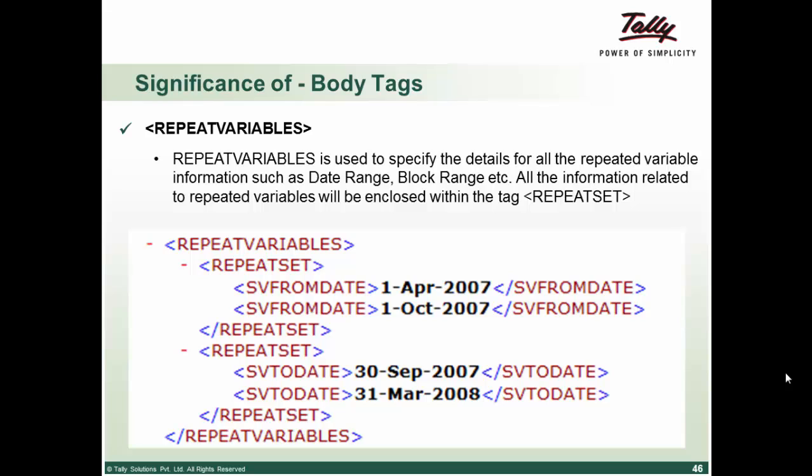So in the current given example, the SV from date and SV to date are under the repeat set tag. It means that the report that we would be receiving would be based on the period. So the variables that it will repeat on will be based on your SV from date and SV to date.